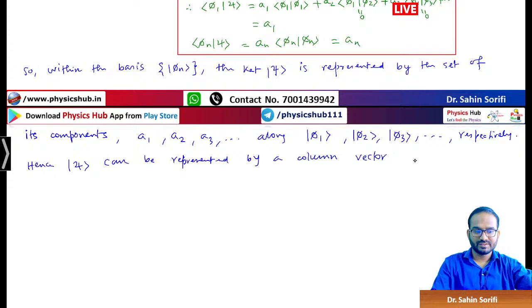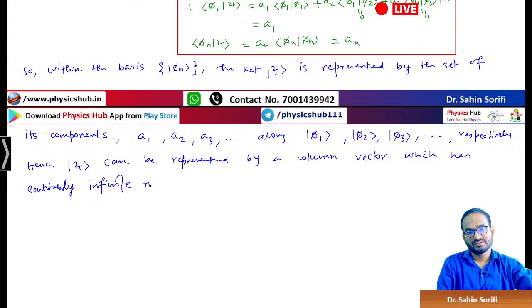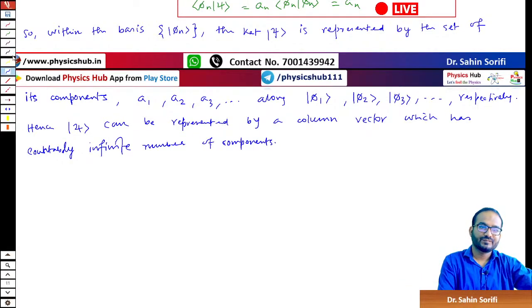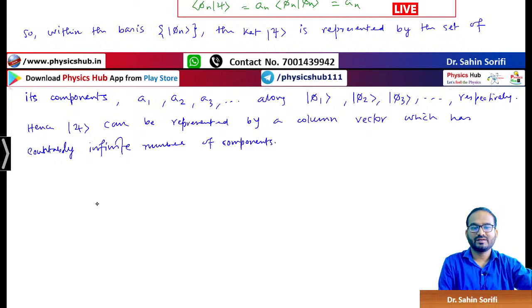Because this basis is infinite, you will have a column vector which has a countably infinite number of components. Okay, so now you understood how to represent it in matrix.